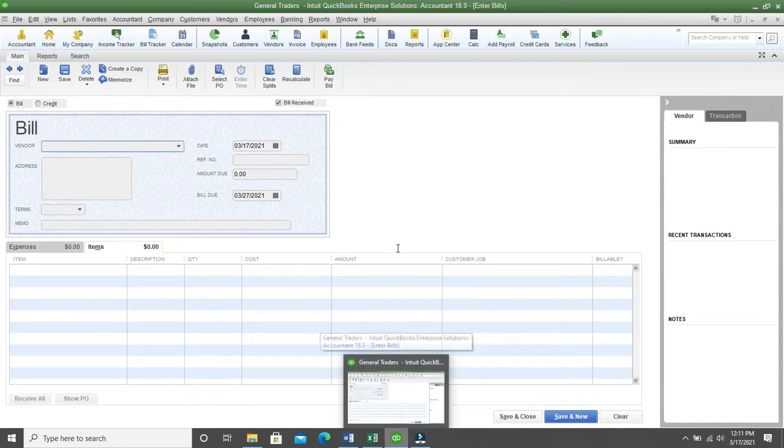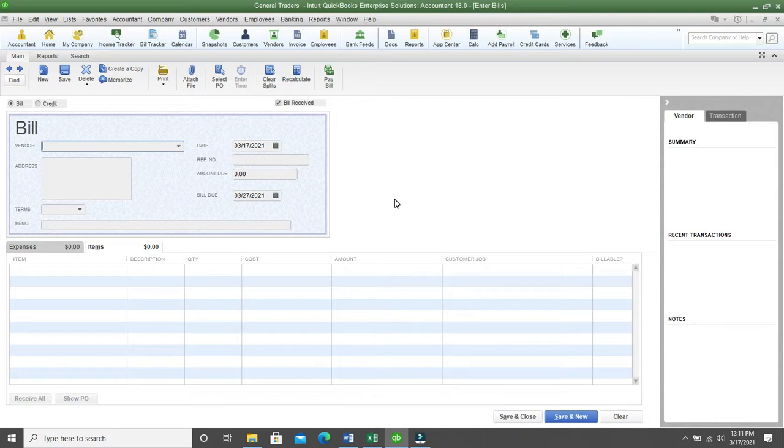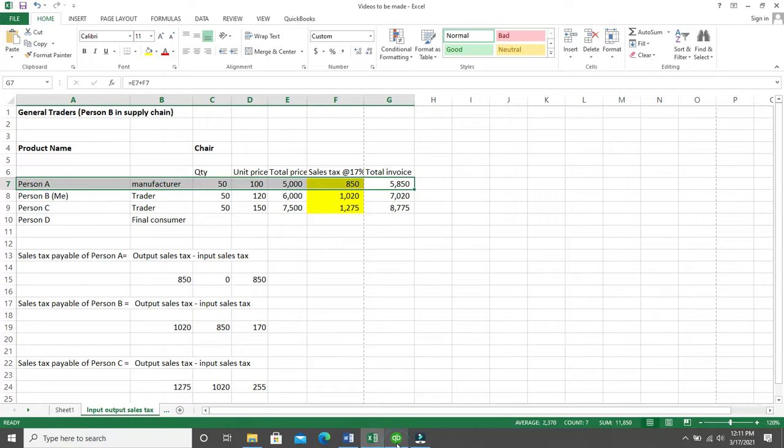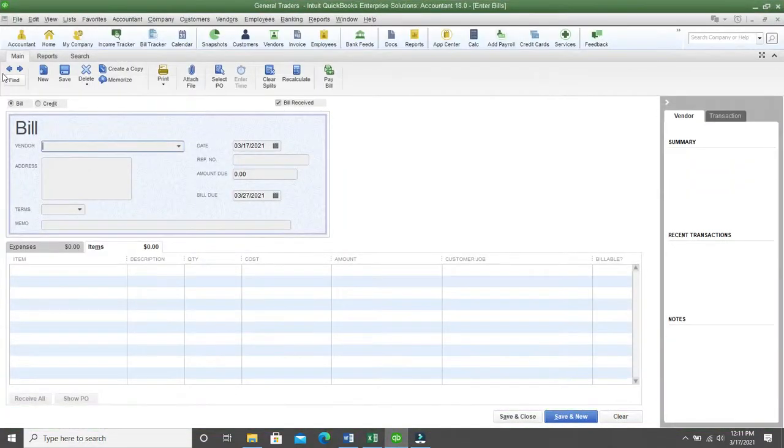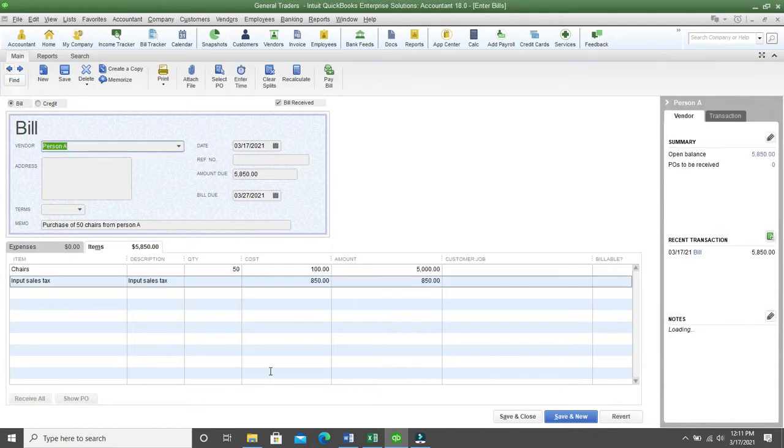I shall advise you guys to please check the journal entry of each transaction which you record in QuickBooks. So in this case, go to the previous record, that is the purchase invoice. Go to reports there and select the transaction journal.